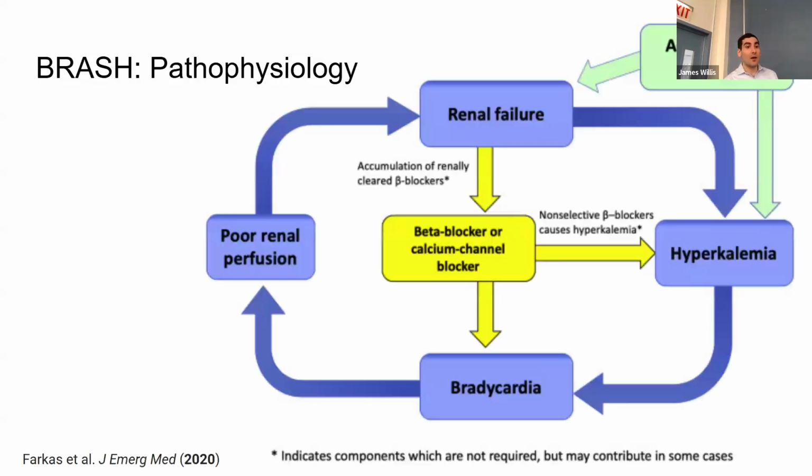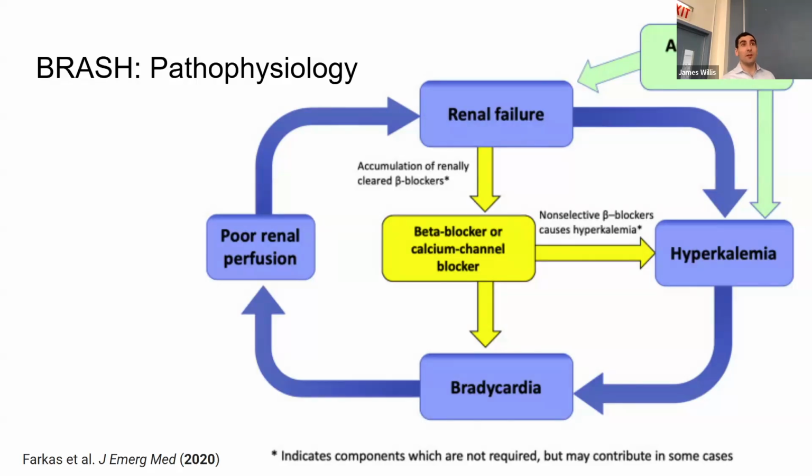BRASH is a syndrome, right? A syndrome is a collection of signs and symptoms that predictably and consistently occur together. BRASH encompasses a synergistic process that involves AV nodal blockade, so think of your calcium channel blockers and beta blockers, that directly cause bradycardia through their AV nodal blocking effects, as well as indirectly cause renal hypoperfusion due to decreased cardiac output, which in turn results in hyperkalemia and worsening bradycardia.